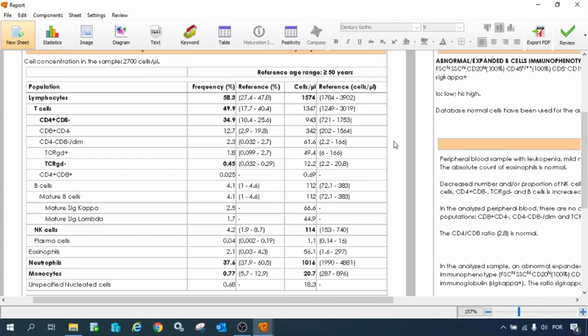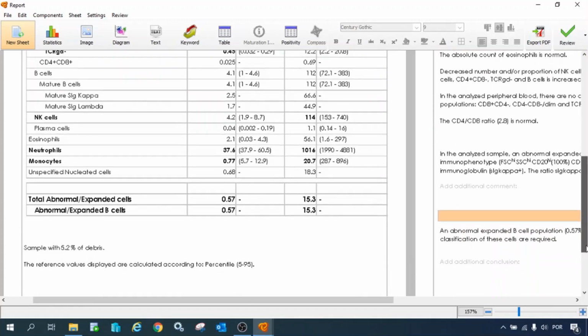So we have increased number of lymphocytes in this case, and we have monocytopenia as expected. This is another feature of hairy cell leukemia, very few monocytes. And it identifies the percentage and absolute number of the abnormal cells, and also the percentage of debris, which is very reasonable.